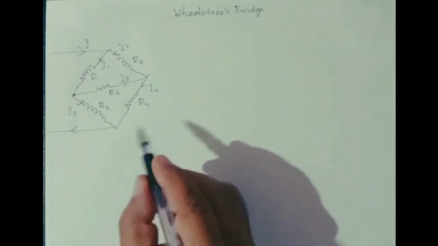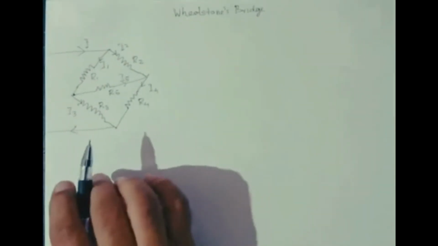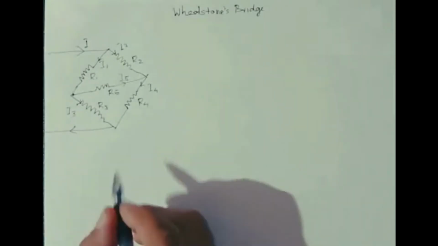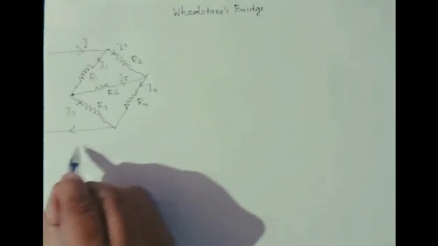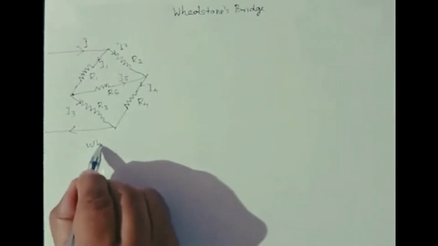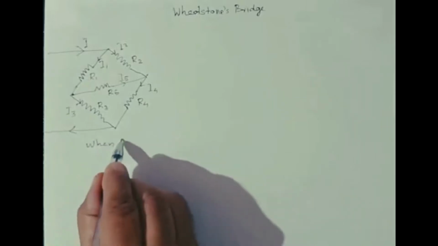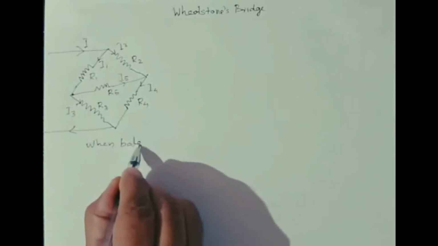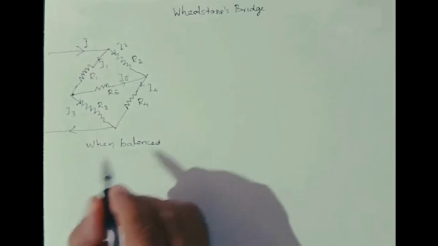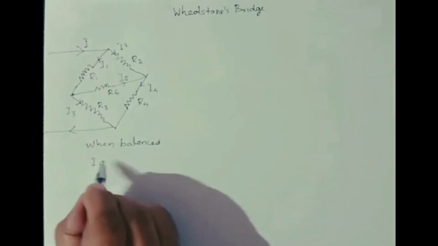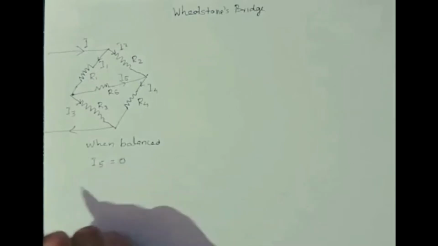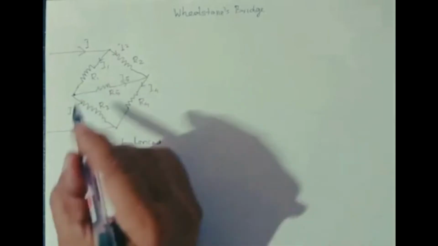Now, this circuit is said to be balanced if the current through the diagonal resistance is 0. So when balanced, I5 is equal to 0. There won't be any current through the diagonal resistor.